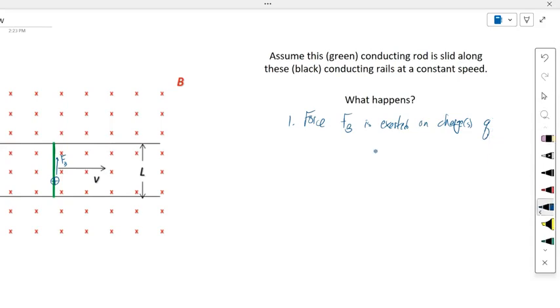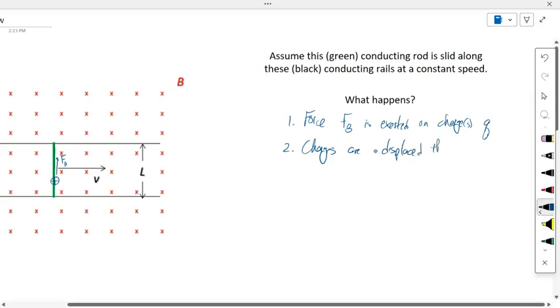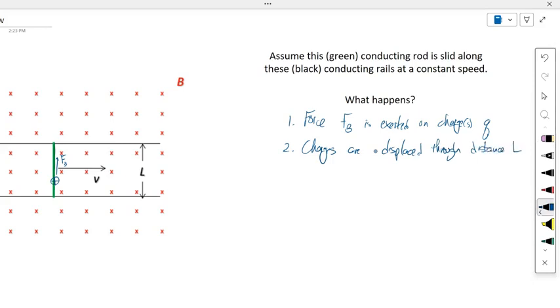And let's say those charges are displaced through distance L. Here's that distance L. Well, that means there's this F_B times L, and of course, force times distance means there's work done on the charges.